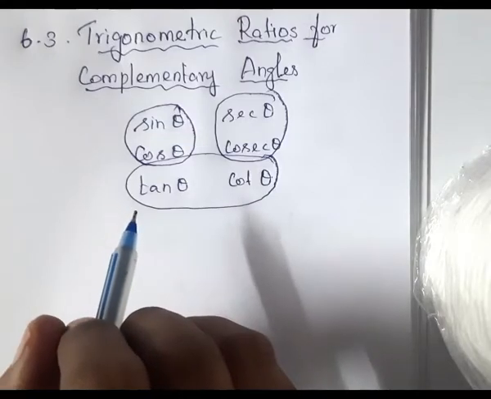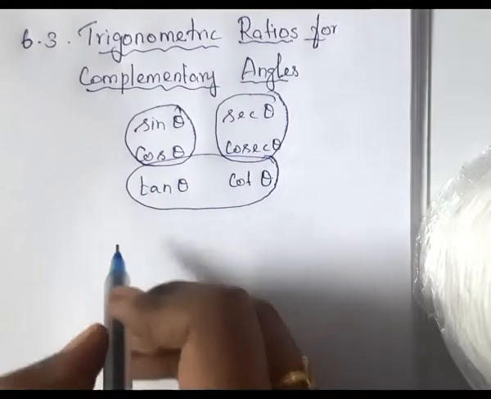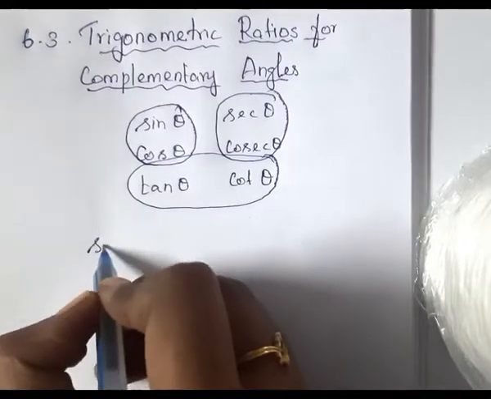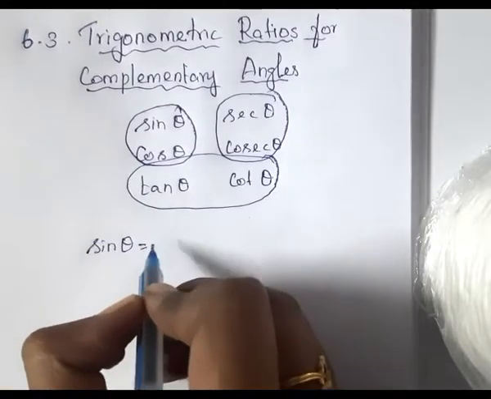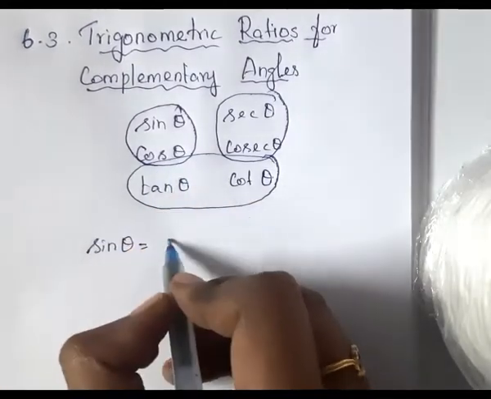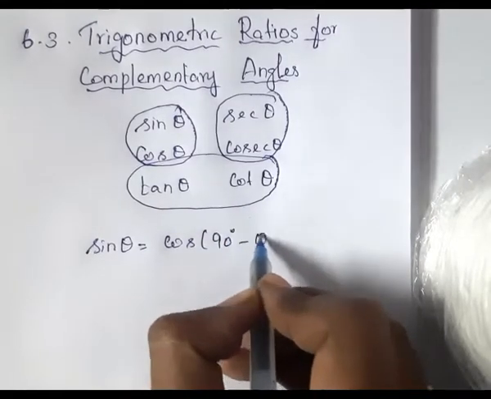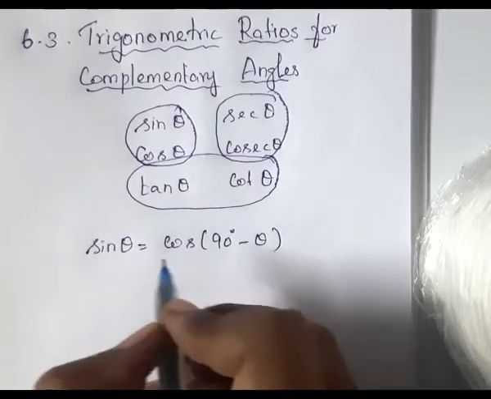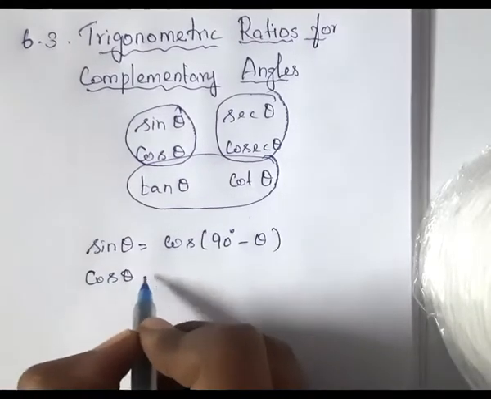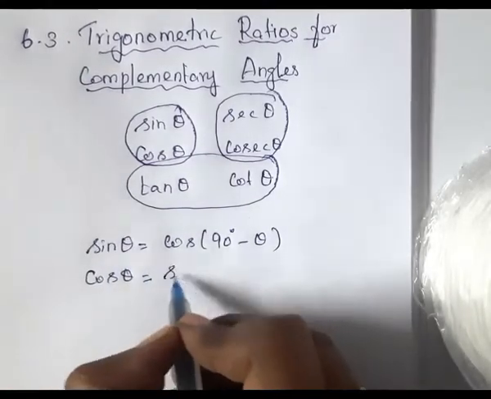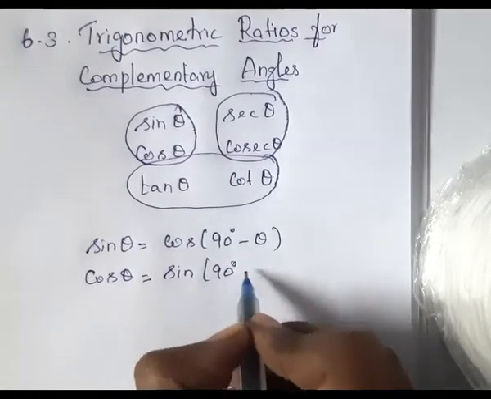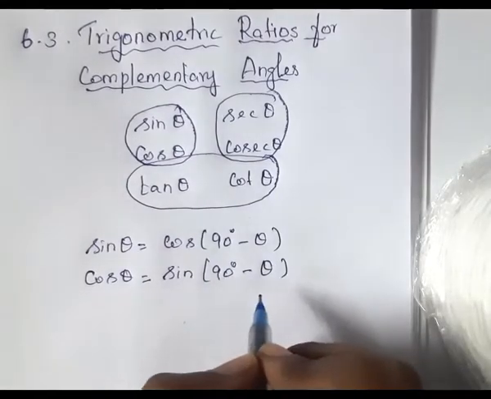How are they related? Listen. Sin theta we can write in terms of cos 90 degrees minus theta. Also cos theta we can write in terms of sin 90 degrees minus theta.